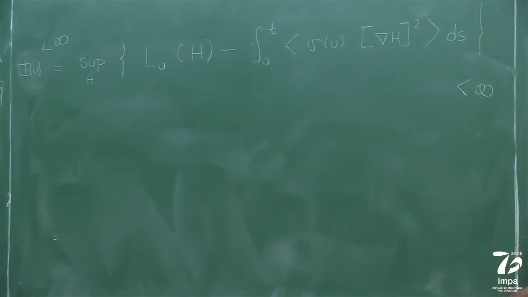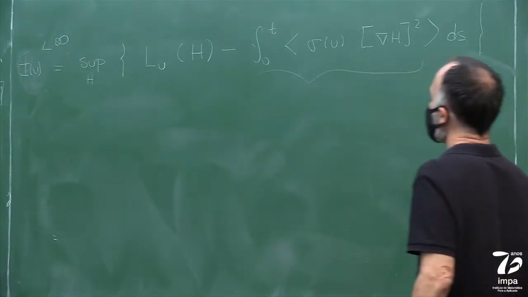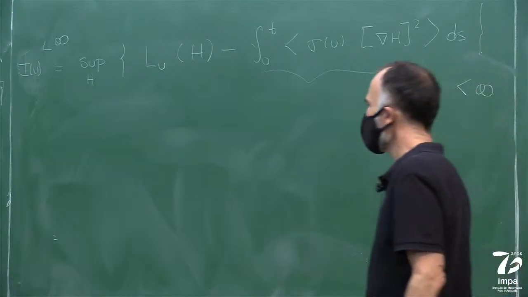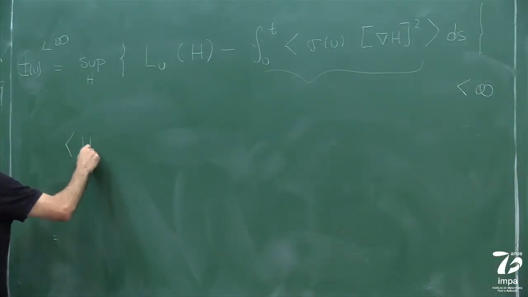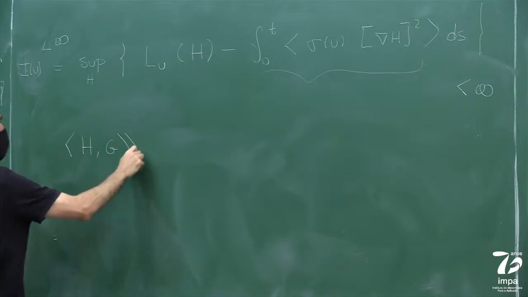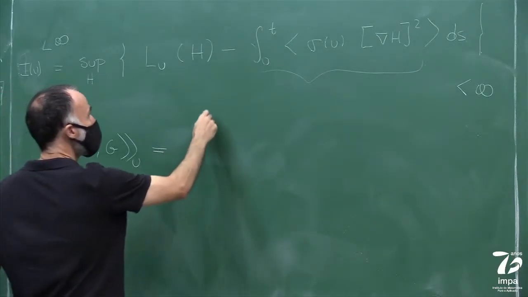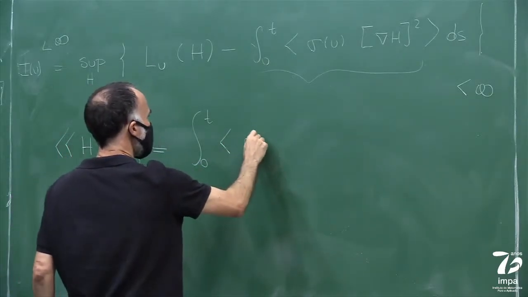Fine. Now, this expression here is defining a Sobolev space. So I'm taking two smooth functions, h and g, and I'm defining a scalar product between these two smooth functions as the time integral, the space integral of what is written over there.